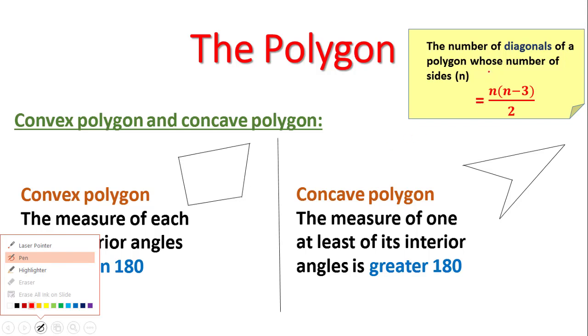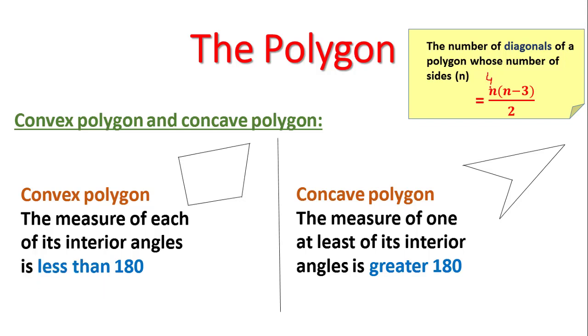The number of diagonals equals 4, because here the number of sides is 4, times n minus 3, it means 4 minus 3, which is 1, over 2, it will be 2. So the number of diagonals of a quadrilateral is 2 diagonals.